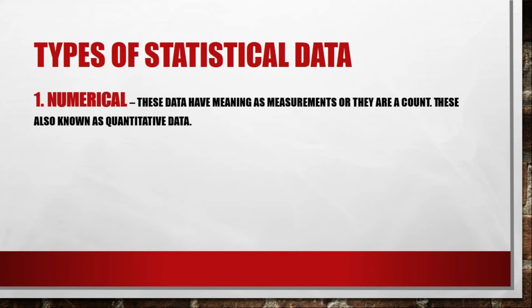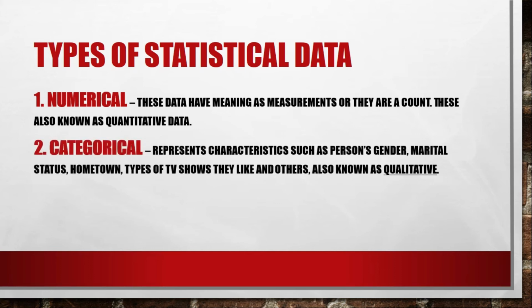When we say numerical data, they can be measured, they can be counted, and it is also known as quantitative data. The next is categorical data. Ito yung mga naka-word lang sila. Status, gender, hometown, favorite shampoo, ganon. And they can also be known as qualitative data.